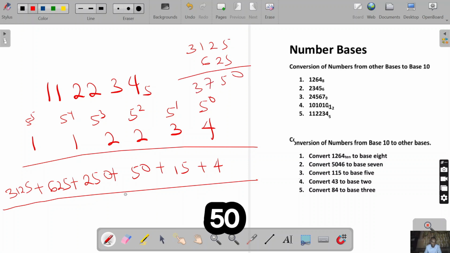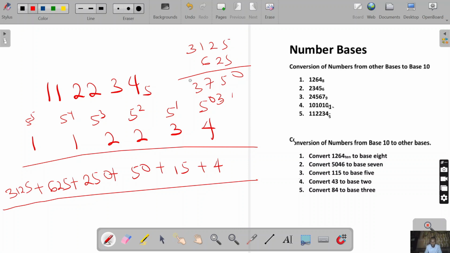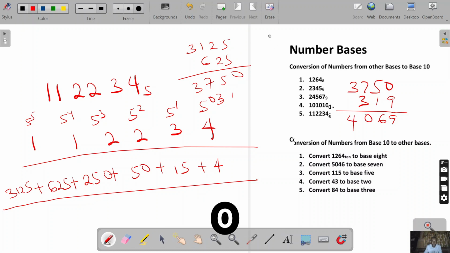So I'm adding 3750 plus 319. Let me make this clear. Okay, let me just write it down. So 3750 plus 319. So that will be 4069. So that's the answer, 4069 base 10.